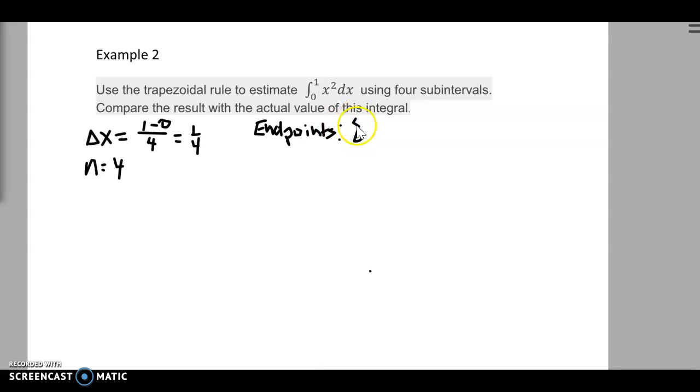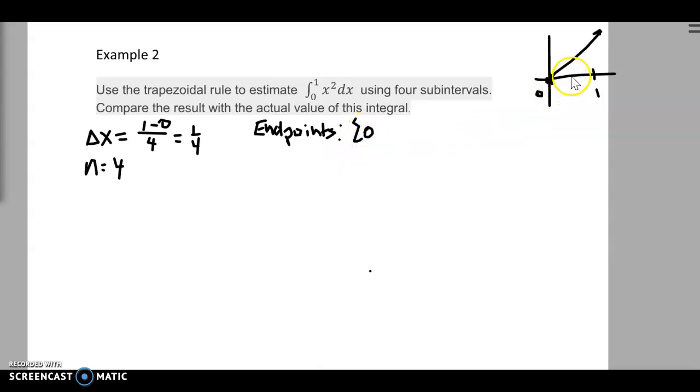So endpoints. We are going to be starting off with, let's draw a picture. And again, I'm going to kind of spread that out a little bit. So from 0 to 1. Oh, that's not right. Let's go back. We need to start at 0. There we go. Okay, so from 0 to 1, y equals x squared, and our first endpoint is going to be 0.